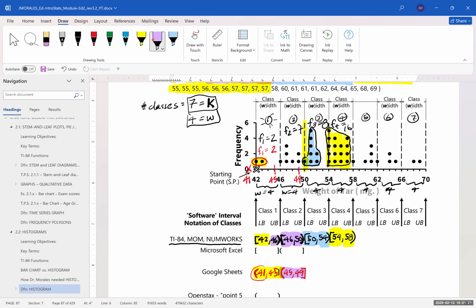So now we want values that are greater than 45, which would be this one, these ones, this one, and less than or equal to 49. So that would include those. So the frequency of the second class, if we were using Google Sheets, would be 1, 2, 3, 4, 5, 6, 7. That 2 would be 7.